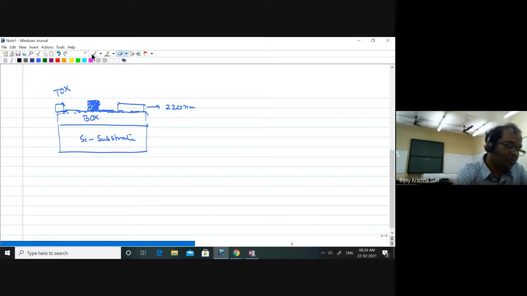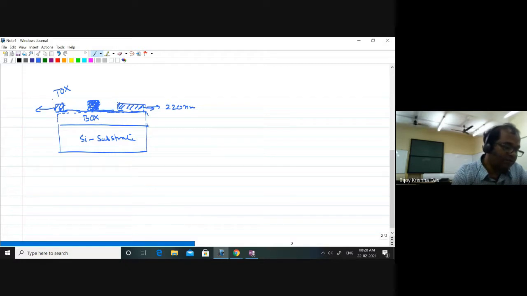So SOI means silicon on insulator. This is your silicon layer, but selectively you are removing it. This region extends to this side, and that region extends to that side, and you are removing this area. So what happens is you get a rectangular cross section of silicon, the bottom layer is oxide, and the top layer is now air.